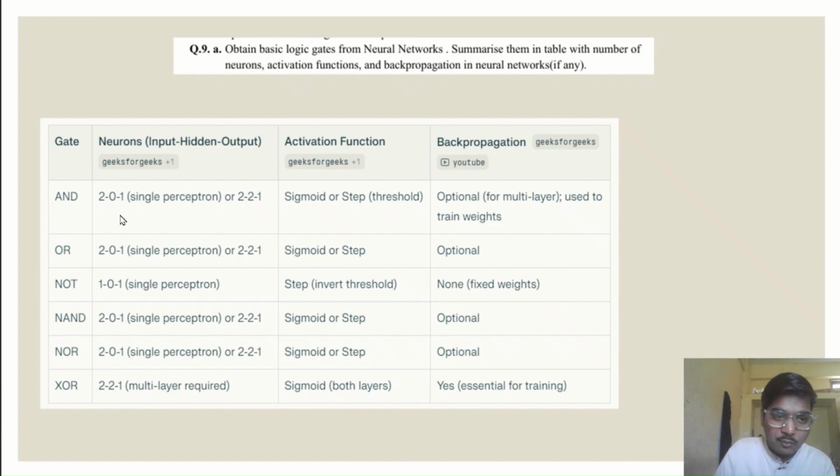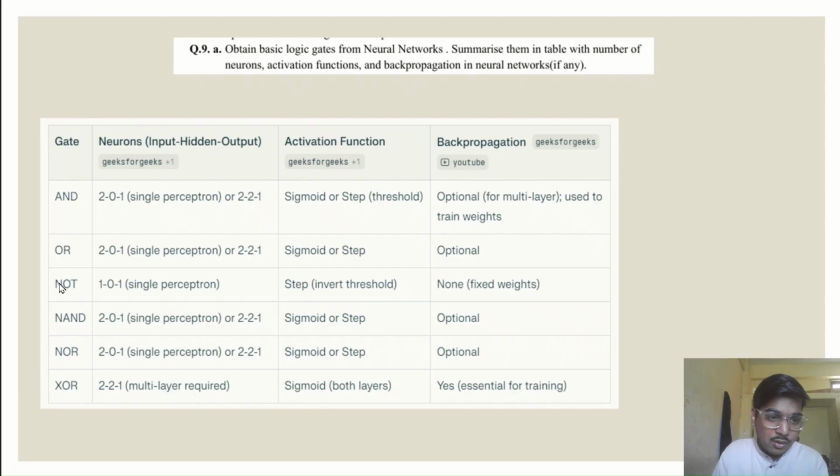The backpropagation for the OR gate is optional. The NOT gate is created using a neuron with a single input and a single output, also called a single perceptron. Activation function is a step, that is, an inverted threshold, and the backpropagation is none in this gate, which uses fixed weights.